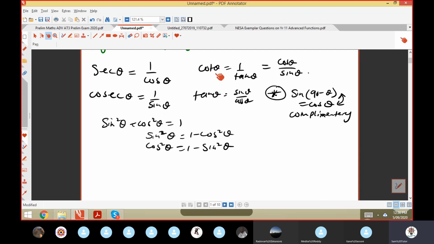Cotangent, cot, is co-complementary to tan. So instead of memorizing 1,000 of them, you just need to know the word co means they're all going to be complementary, so that the angles add up to 90 degrees. That means these two are the same. So that's a good one to know.